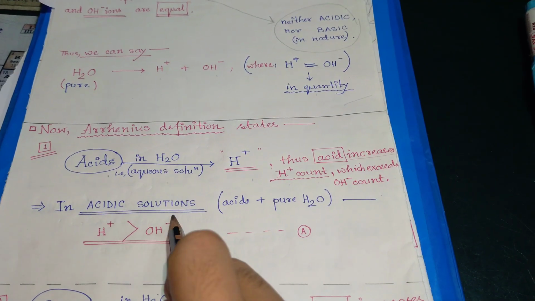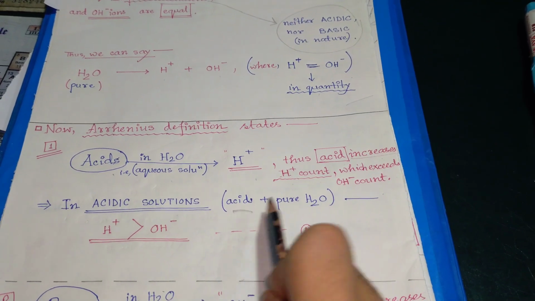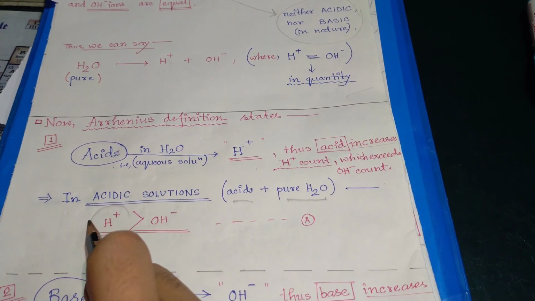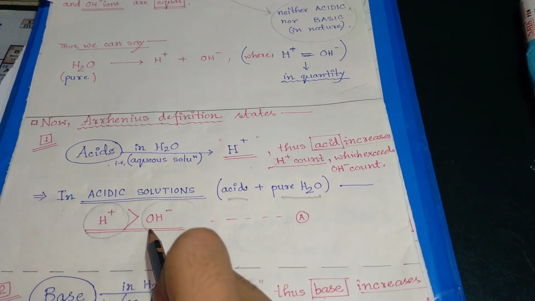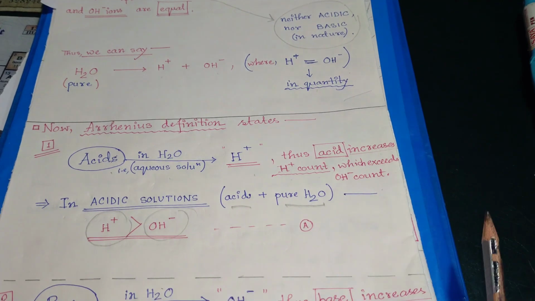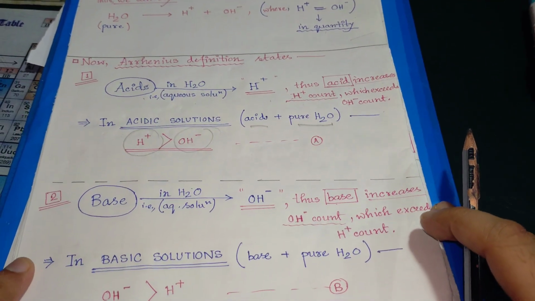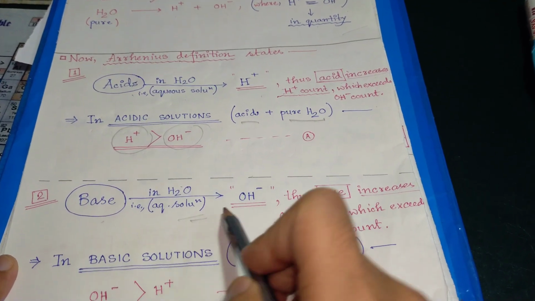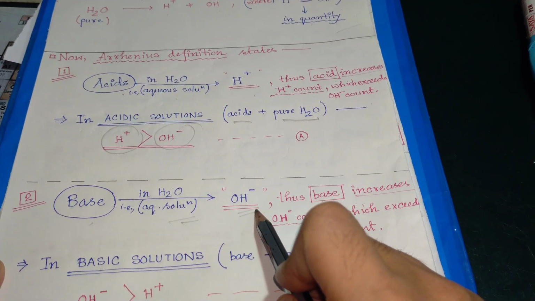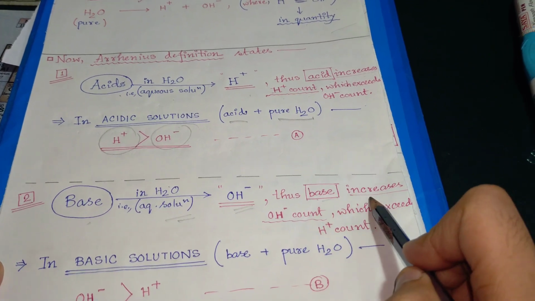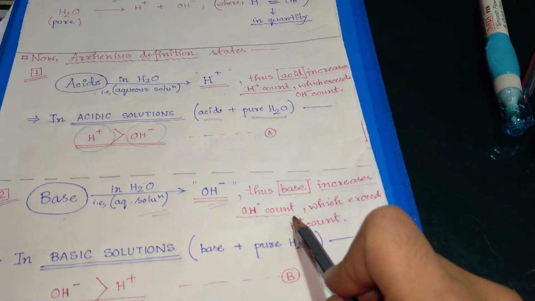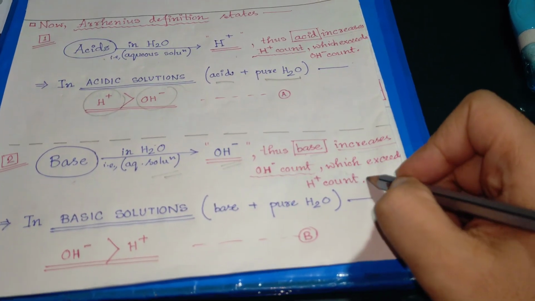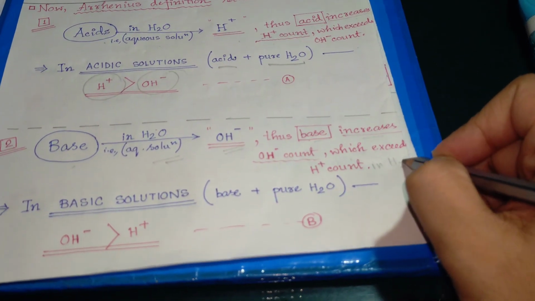Thus in aqueous solution, that is acid plus pure water, the H plus count is more than the OH minus count. Similarly, from the Arrhenius definition, base in aqueous solution yields OH minus ions. That is, the base increases the OH minus count which exceeds the H plus count in water. Okay.